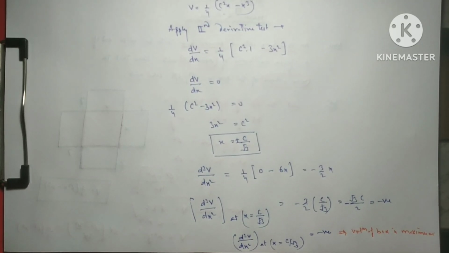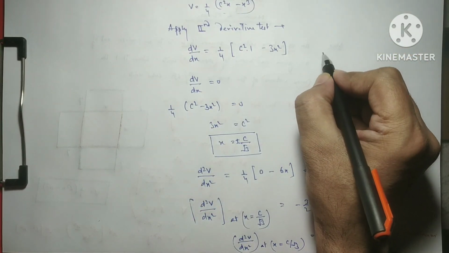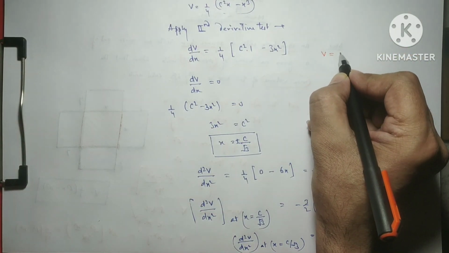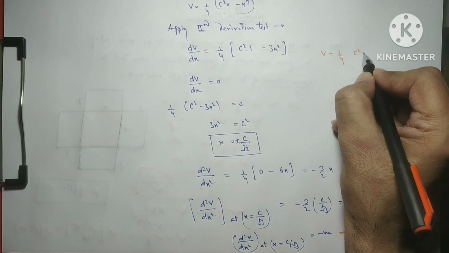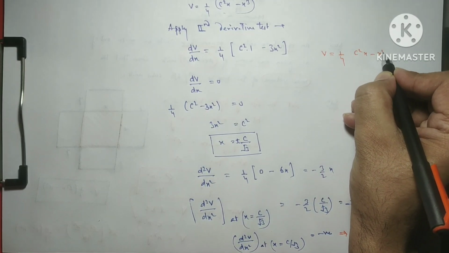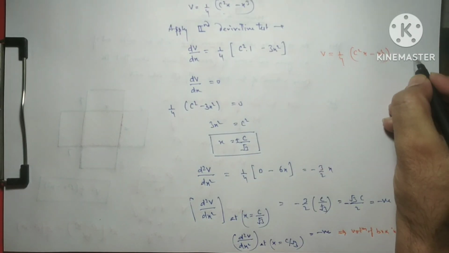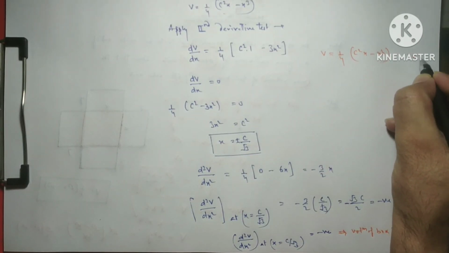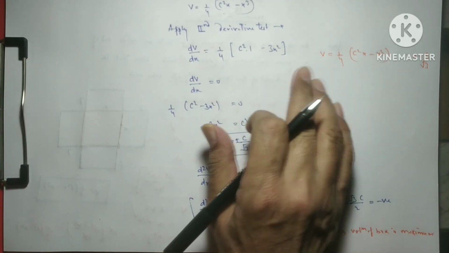Now we want to show the volume of the box. So the volume of the box V is this, V equals 1 by 4 c square x minus x cube. So we put this value, because x is c by root 3.